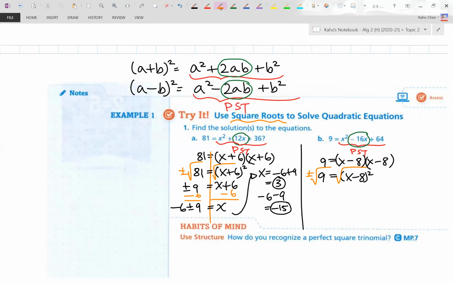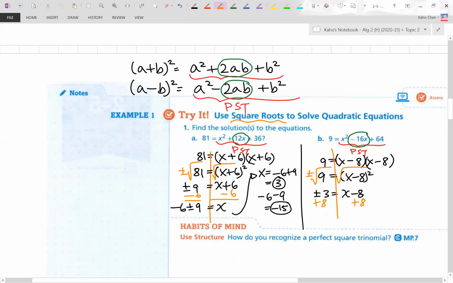Square root of 9 is 3. Very nice. And we're almost finished. Add 8 to both sides. I now have x equals 8 plus or minus 3.